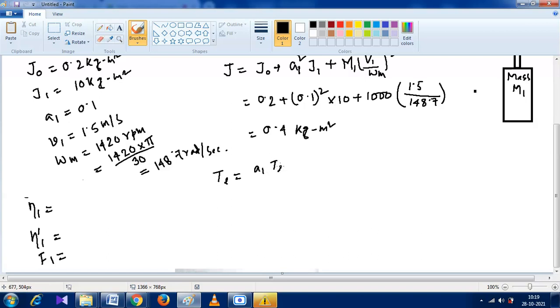Because there is no TL0, the formula is TL is equal to A1 TL1 by eta 1, plus F1 by eta 1 dashed, into V1 by omega n.